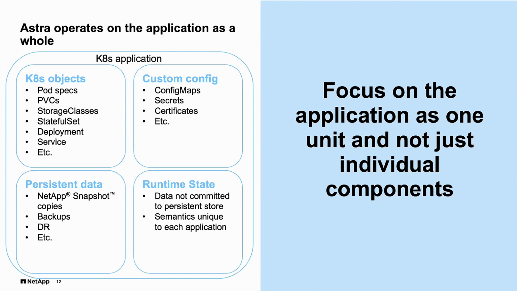And so if we focus just on the storage or the infrastructure aspect of Kubernetes protection, we're going to miss out on how customers actually want to look at Kubernetes, which is from an app perspective. So when we designed Astra, we made sure that this was the primary focus. We're looking at app-aware data management for all of our workflows and for all of our use cases. So it's not, okay, let's take a snapshot of a volume that's attached to a pod and then clone it and move it, right? Or back it up that way.